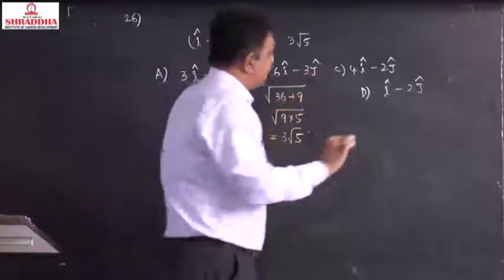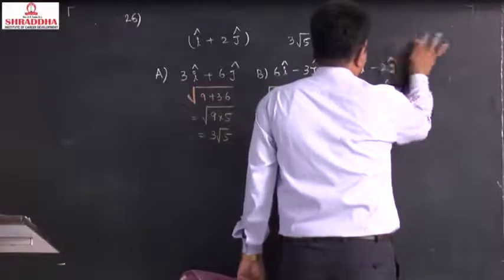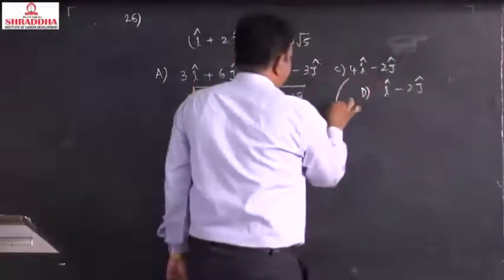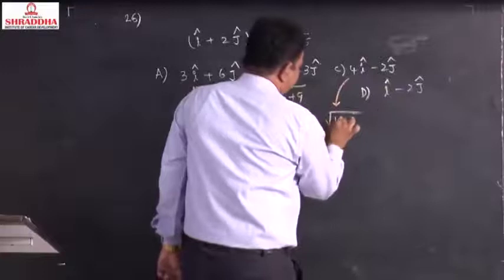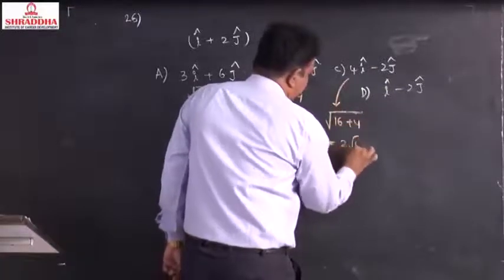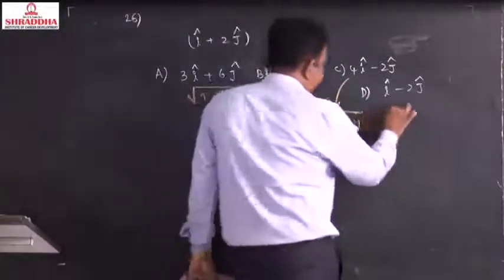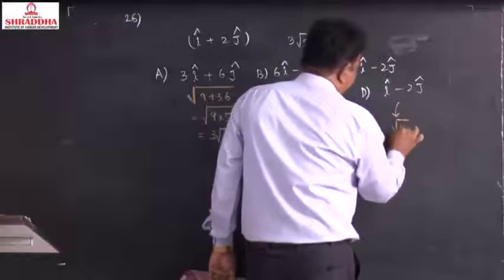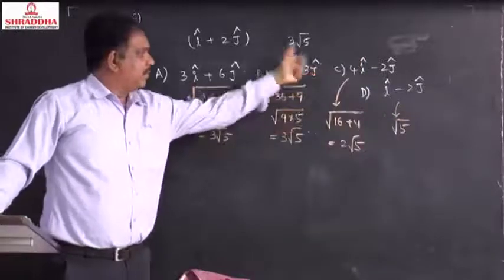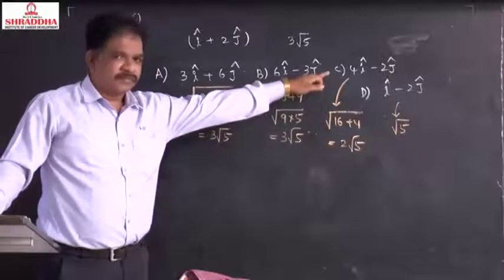This vector magnitude is how much? 16 plus 4, root 20, means 2 root 5. This vector magnitude is root 5. So this is not perpendicular to this because its magnitude is 2 root 5, this is not the correct answer.